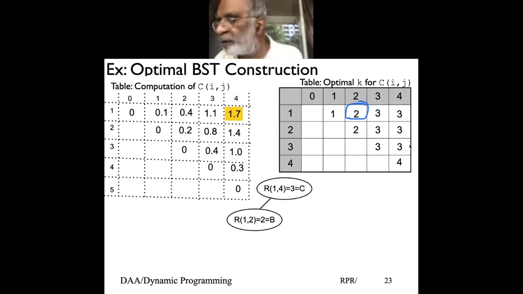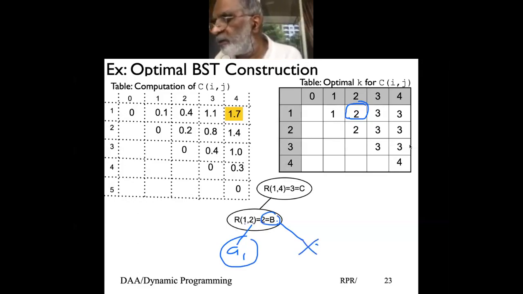That means root for this is 2, which is B. When R12 is B, I cannot have a right subtree. My left subtree is only 1, which is key A1. Because the left subtree has to be keys less than this root node, which is A2, and the right subtree has to be keys greater than this. But the maximum node is 2, so the right subtree is empty and the left subtree is A1.